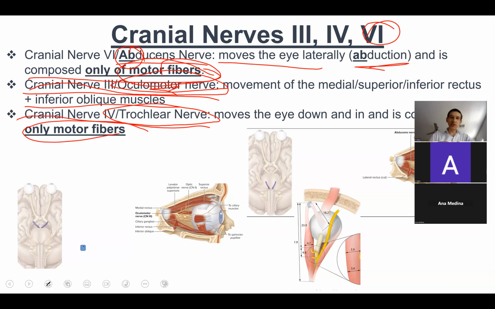And it's called trochlear because if you look at the muscle that goes to the eyeball, it has to pass that pulley-like structure, and that's the reason we call it trochlear nerve. And so if you were to pull this muscle this way, basically the eye looks down and in toward the nose, good for going down the stairs.